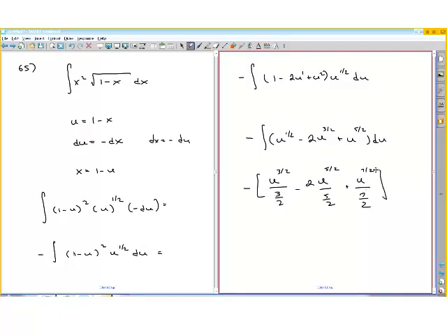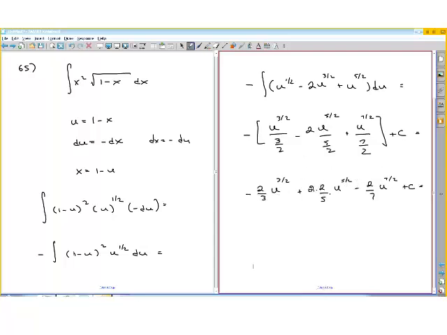And I add my arbitrary constant c. Each one of these I'm going to take the reciprocal of, and multiply by the negative sign. So we get negative 2/3 u to the 3/2 plus 2 times 2/5 u to the 5/2 minus 2/7 u to the 7/2, all plus my arbitrary constant c.